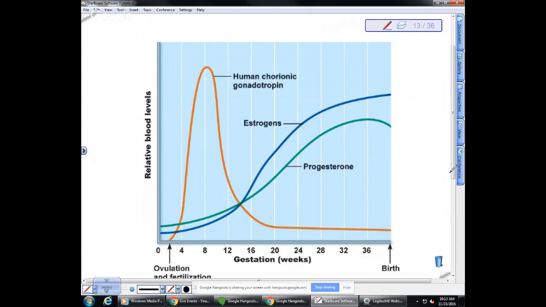And so you'll notice that it starts being produced, and then at about 12 weeks, it drops off. And 12 weeks is when we get the development of the placenta. And so the placenta takes over. So at 12 weeks, the placenta starts to produce estrogen and progesterone, and that maintains the lining.